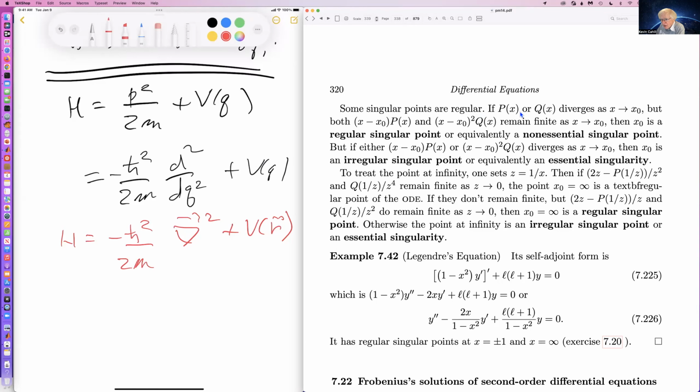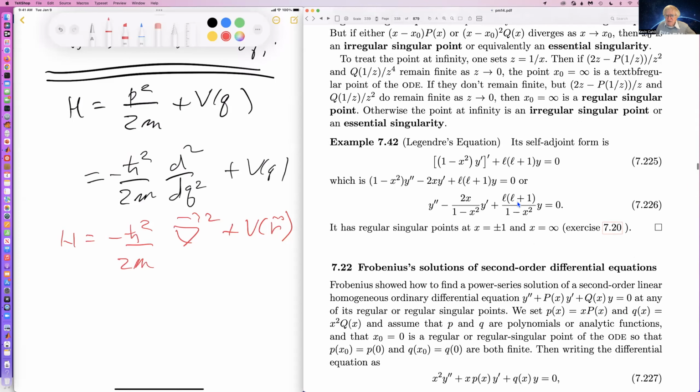Some singular points are regular, and that's that P or Q might diverge. But if x minus x0 times P and x minus x0 squared times Q are finite as x goes to x0, then x0 is a regular singular point or non-essential singular point. On the other hand, if either one of these diverges as x goes to x0, then you're talking about an irregular singular point, or one says an essential singularity. I'm going to skip the point at infinity.